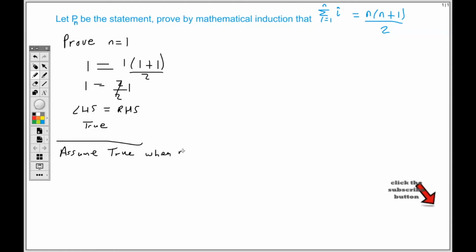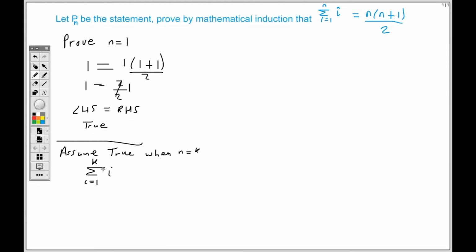Now I have to assume it is true when n equals k, because k represents any number. So assume true for n equals k. That's an assumption, so we're already saying it is true. Now what I'm going to do is replace the upper limit with k, because I'm still summing from i equals 1, but I'll be stopping at k, whatever k is, because k will be the last value.